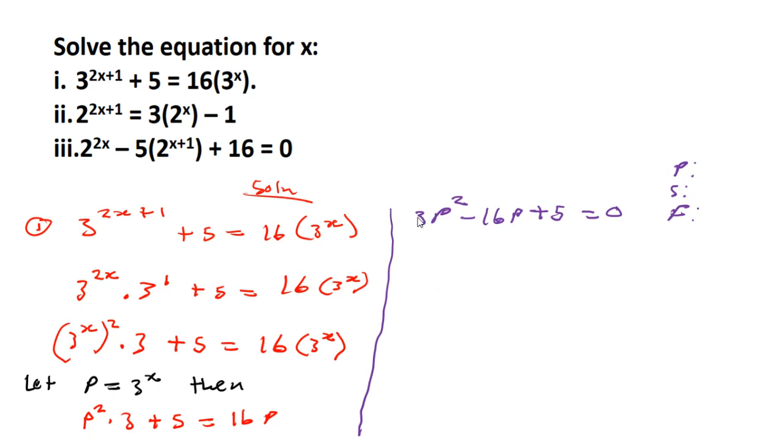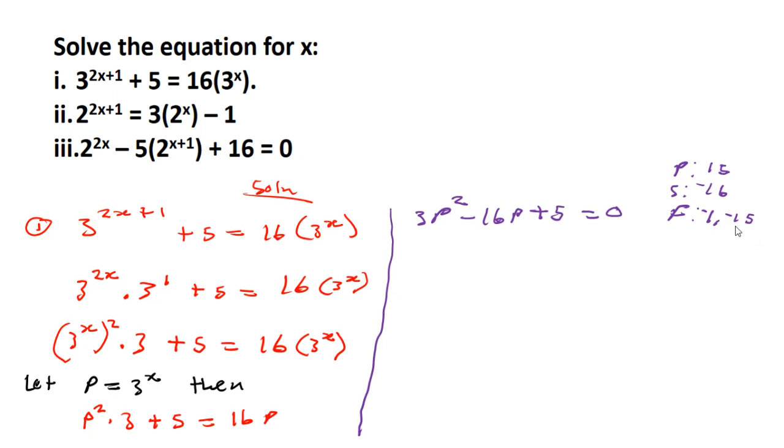So for the product, you say 3 times 5, which is simply 15, and then the sum is negative 16, of which the factors will simply be 1 and 15, of which both of them are supposed to be negative.